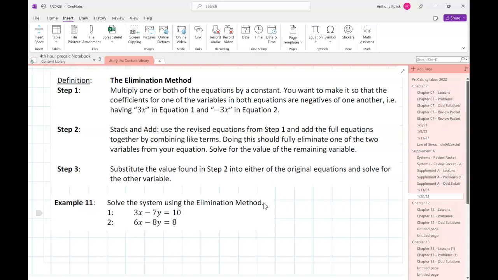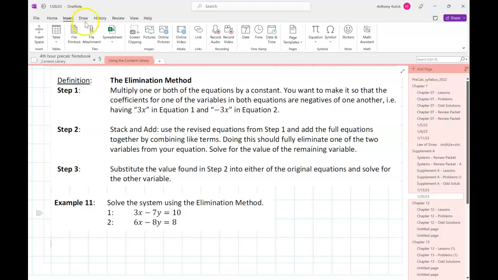But in practical terms, I want this to be as easy as possible. And oftentimes, it does matter which one I choose to eliminate if I want to make this process as easy as possible. And since I have the choice, I could eliminate x first or y first, it doesn't matter. I want to choose wisely so that the process is as easy for me as possible, right?